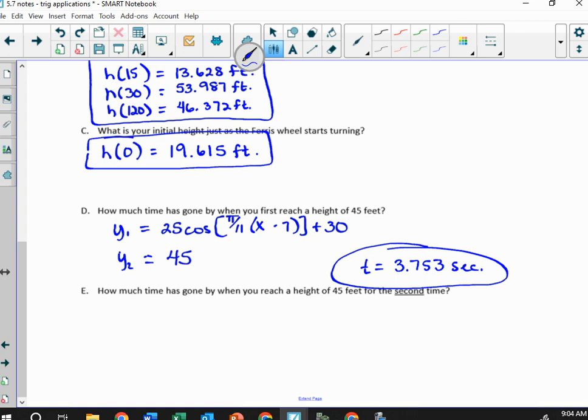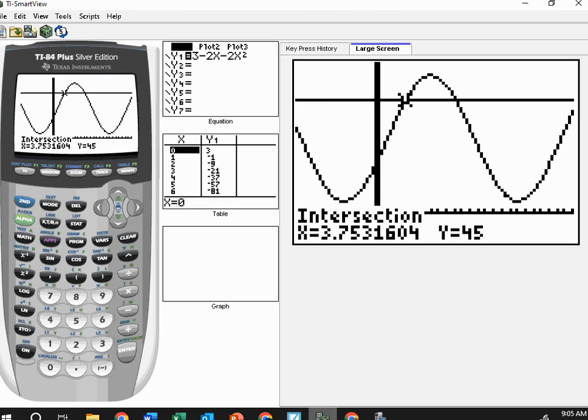All right, then letter E, how much time has gone by when you reach a height of 45 feet for the second time? So that means you need to find the intersection here. So go ahead and try, see if you guys can get the right intersection. I'll put it up here too, just so you can see it.